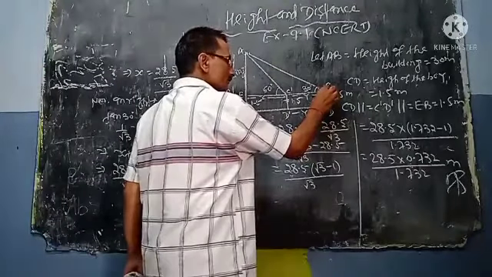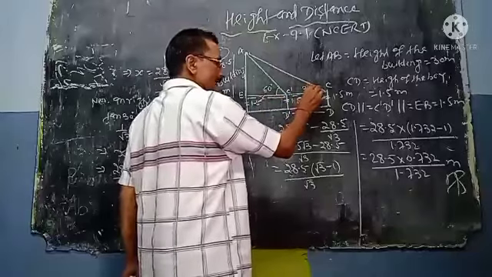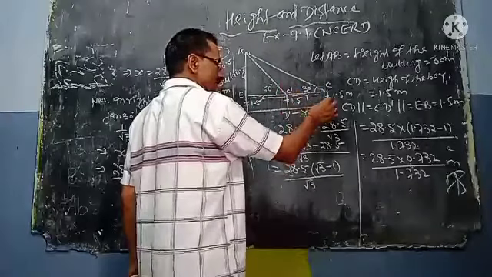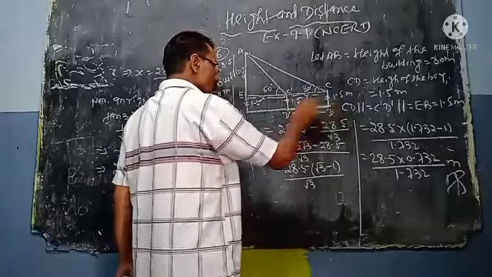This wire observes from this point to the top of this building and finds an angle of elevation of 30 degrees. Then he walks some distance towards the building.